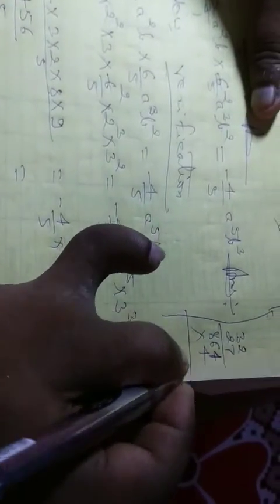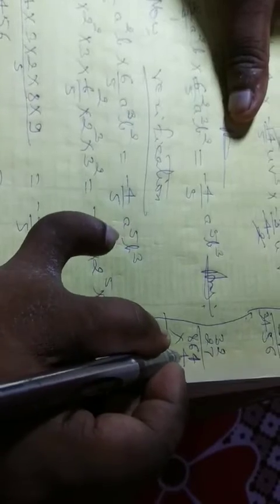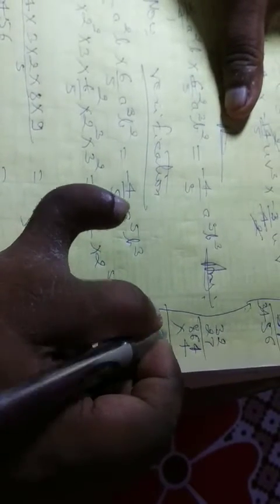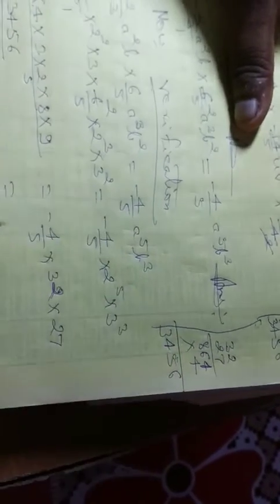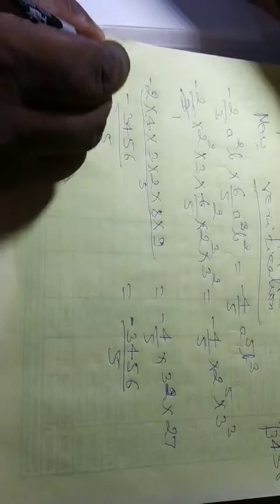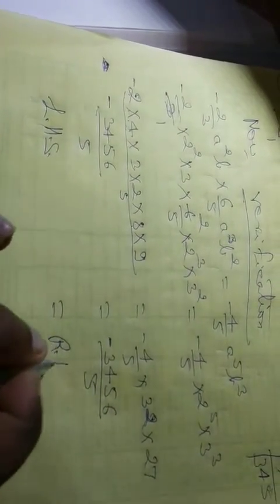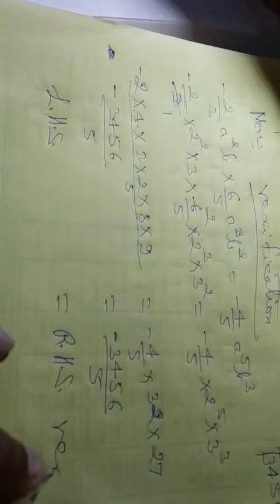Into 4: 4 4 is 16 and 1, 4 6 is 24, 1 25, and 2, 4 8 is 32, 2 34. So minus 3 4 5 6 by 5. Here LHS is equal to RHS, verified, students.